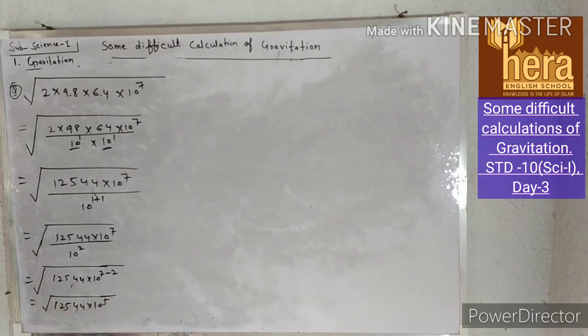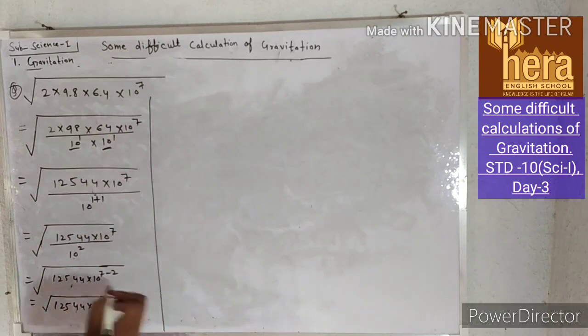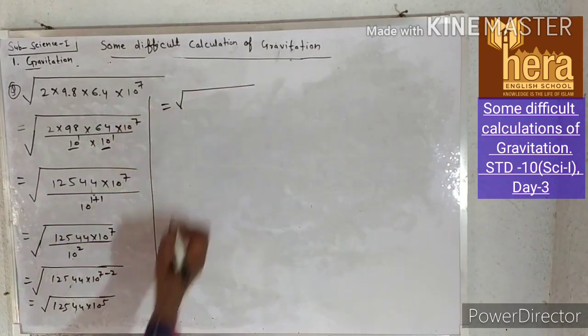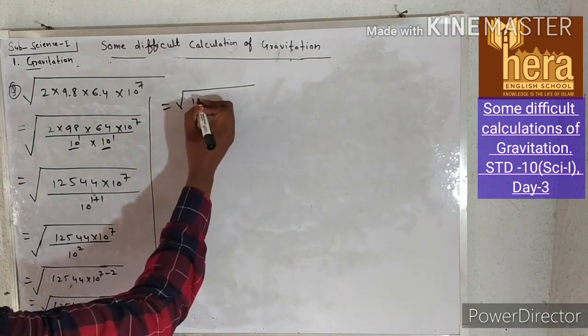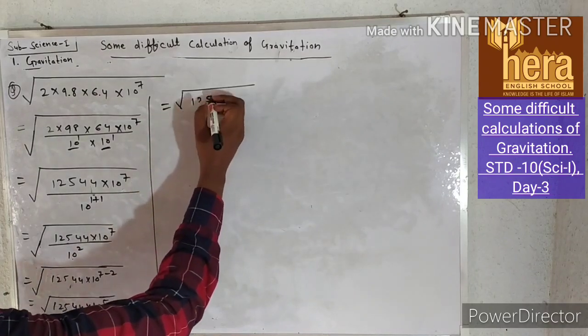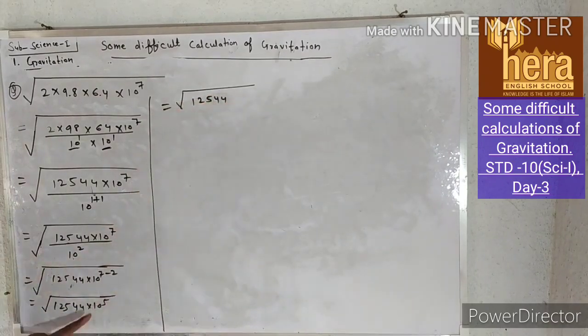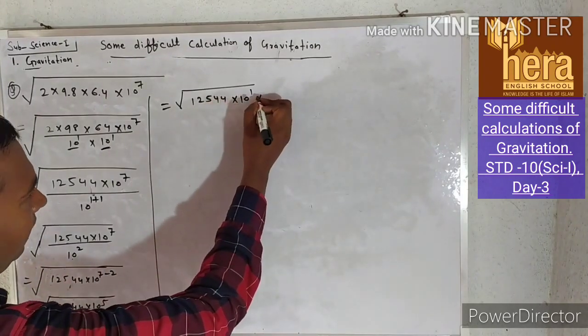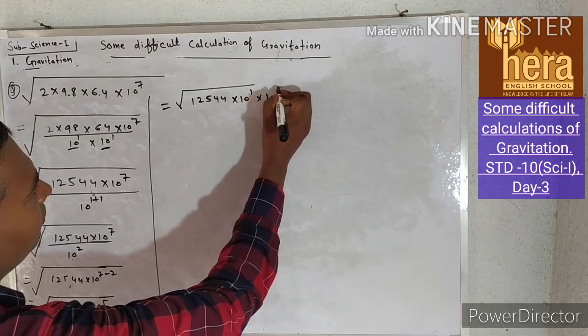Now see, in the previous example I told you, if there is an odd number, you have to change it into an even number. So what you have to do, write like this: 12544. We can write 10 raised to 5 like this: 10 raised to 1 into 10 raised to 4.